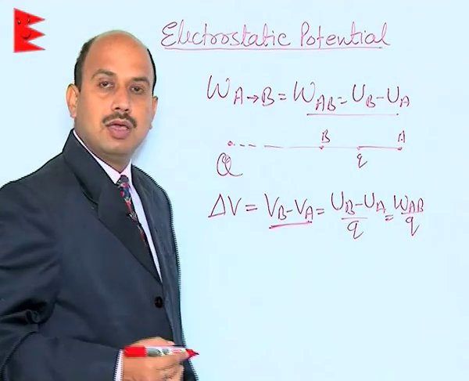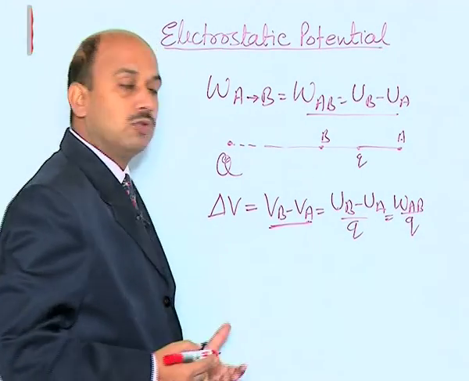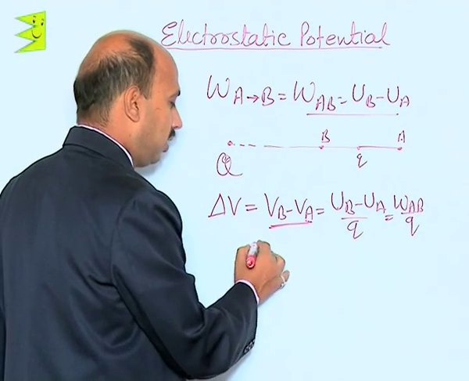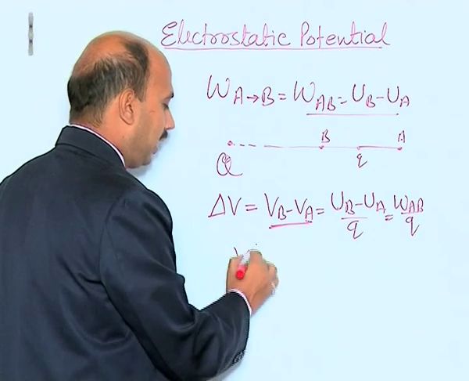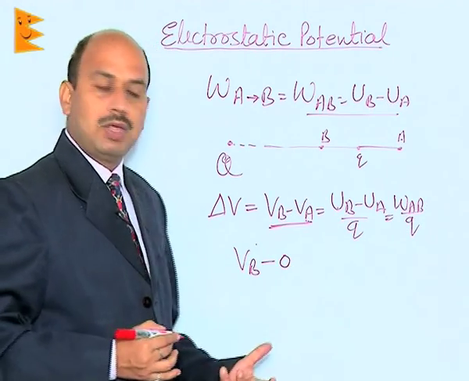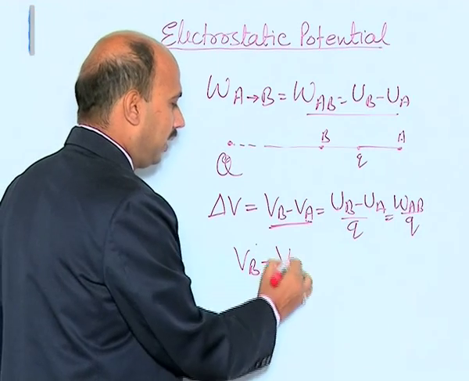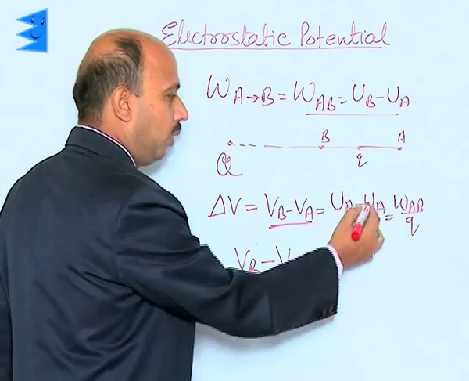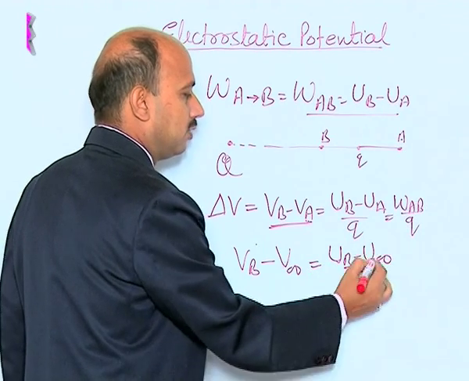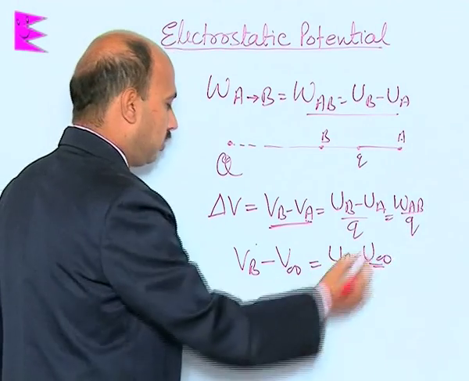Now, if you are taking the point A, suppose at infinity, then we can write here VB minus 0, because at infinity potential is 0. So, we can also write V at infinity is equal to UB minus U infinity upon Q. U infinity also is 0.